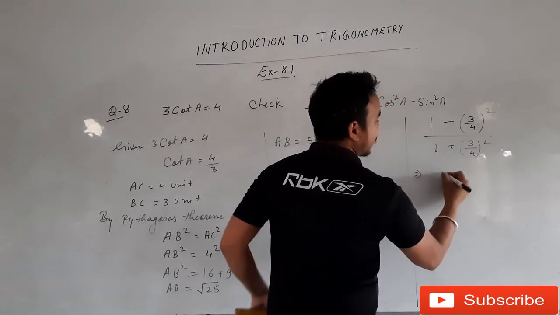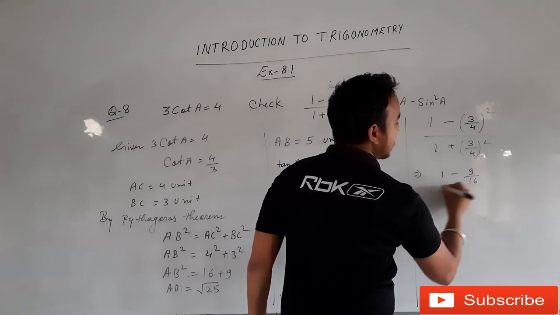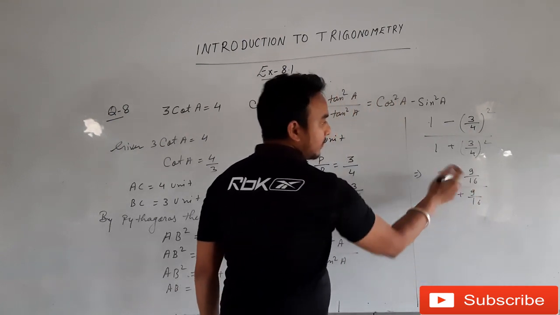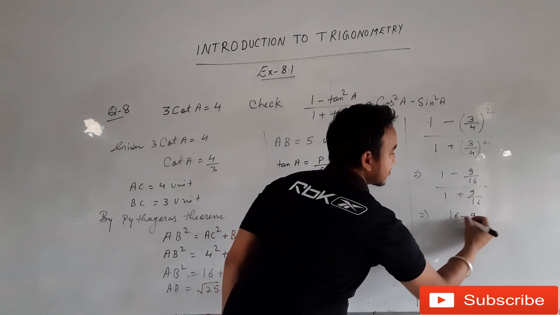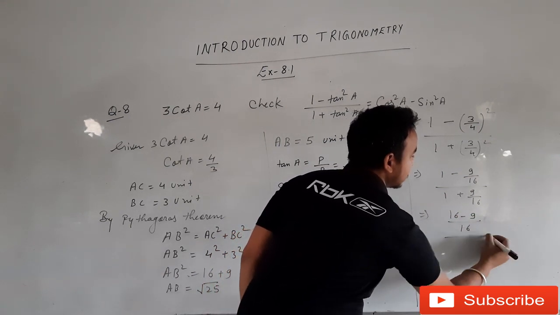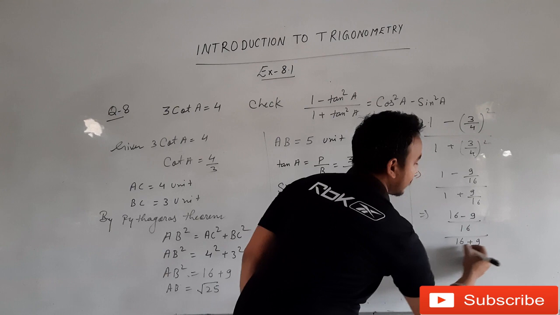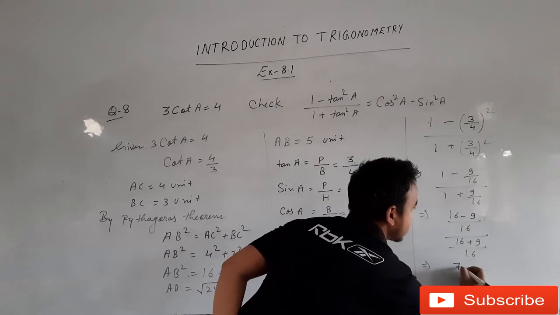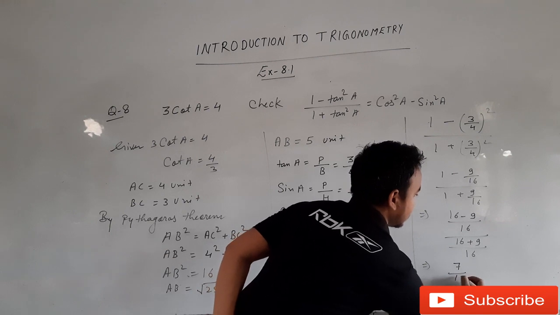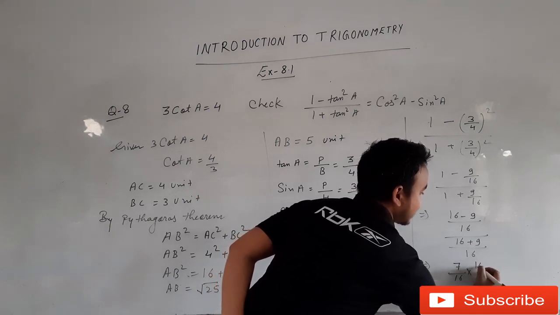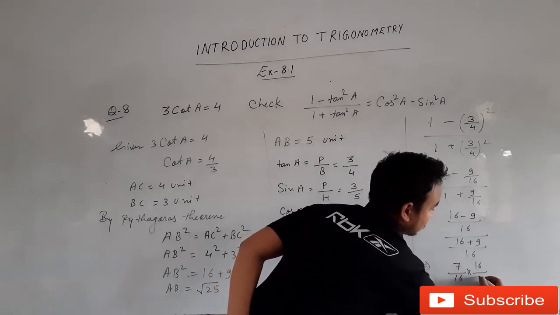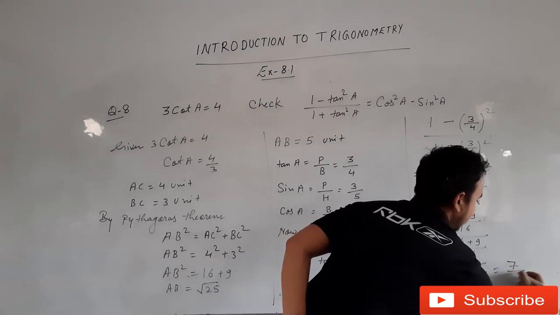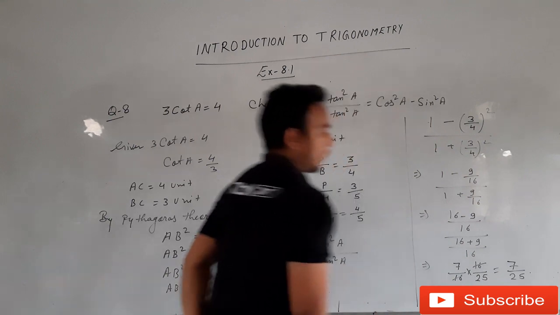We can write it 1 minus 9 by 16 upon 1 plus 9 by 16. It will be 16 minus 9 upon 16 over 16 plus 9 upon 16. 16 minus 9 will be 7 by 16, divided by 25 by 16. 16 and 16 cancel, it will be 7 by 25.